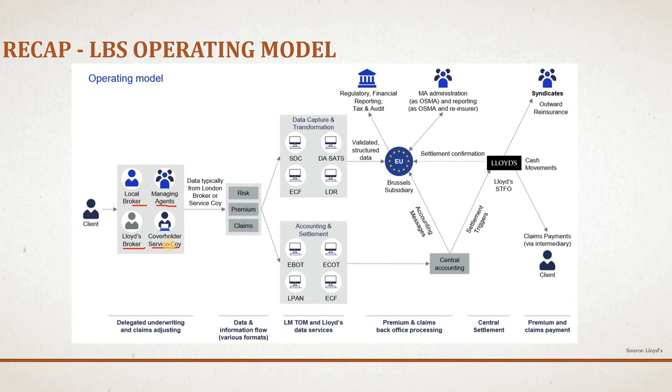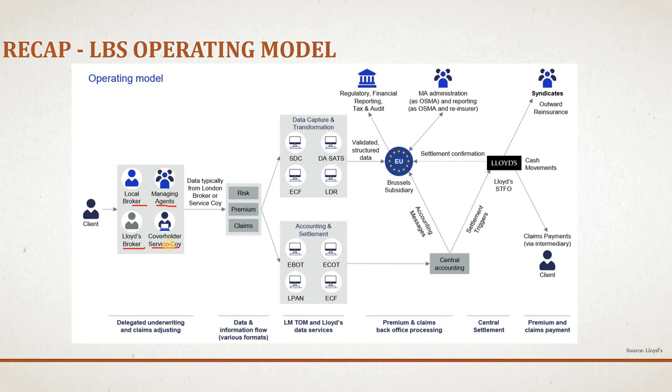The claim handling will be outsourced and performed by the managing agent, cover holder, and service company, subject to regulatory approval, but they have already got the regulatory approval from the Belgian authorities. The queries generated by the Brussels subsidiary, data and business validation, will be resolved by the managing agent. The current settlement process provided by the Lloyd's STFO, Settlement Trust Fund Office, will be leveraged for the collection and settlement of the premium and the claim.